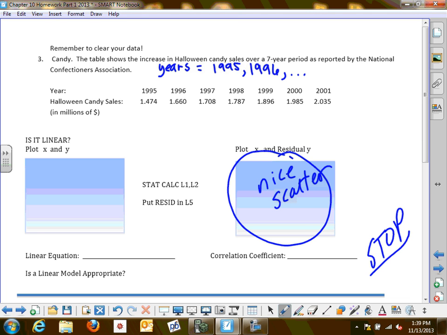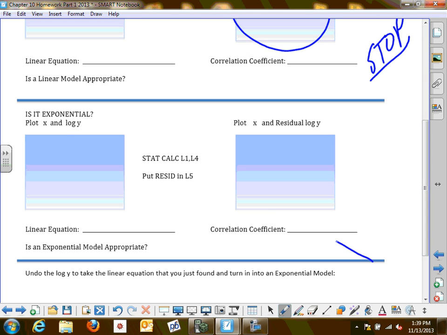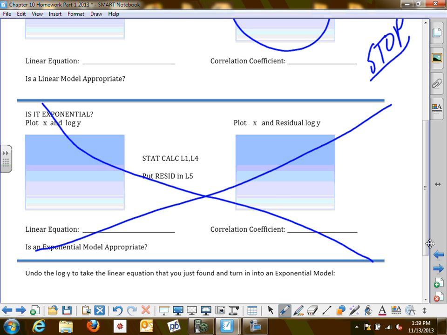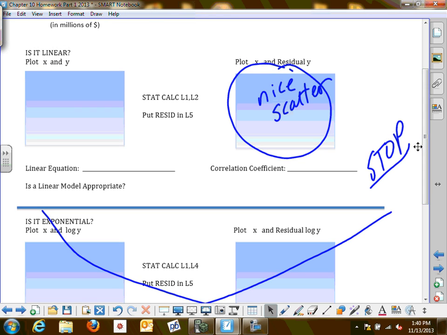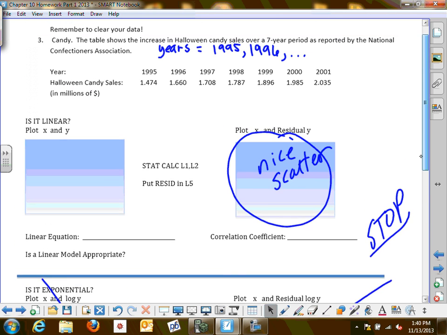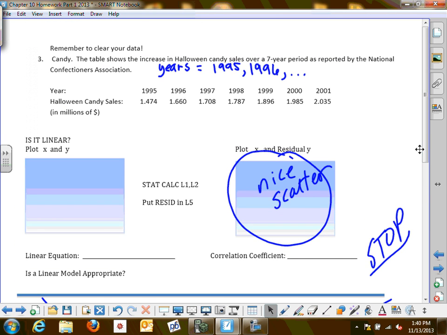A linear model is good, and you're done. Don't get so wrapped up in another transformation that you forget the linear model could still be best.